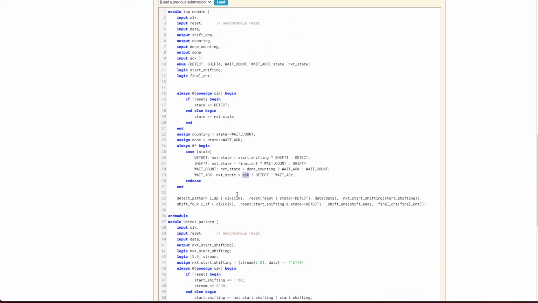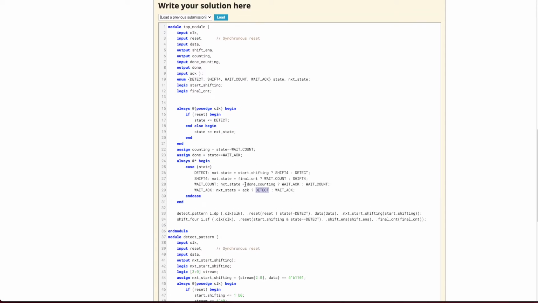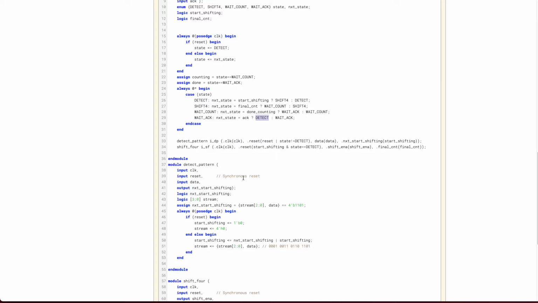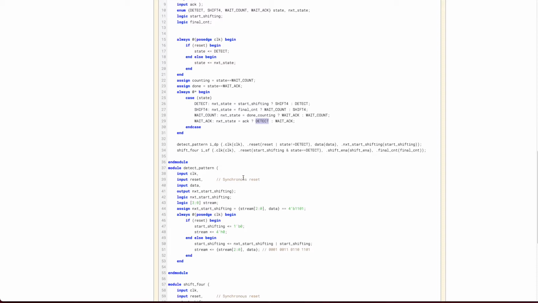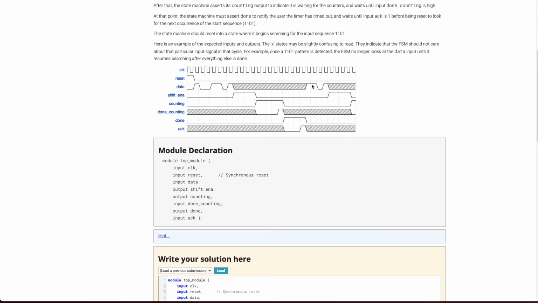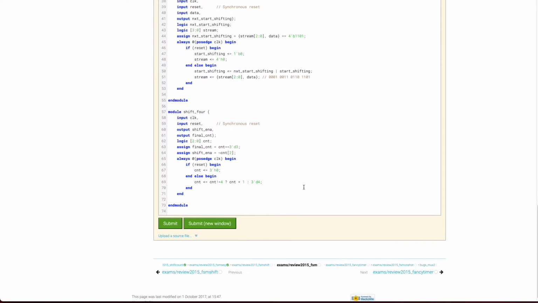So when we're at wait, if we ACK, we go back to detect, and when we go back to detect in this cycle, reset is released.